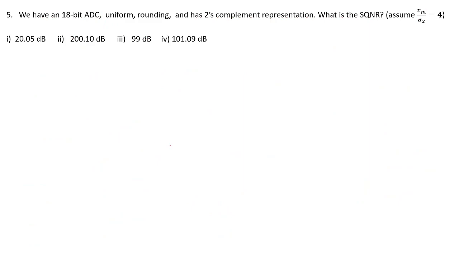With this, let us move to our fifth question. So we have an 18-bit ADC, it's an 18-bit quantizer, uniform rounding and 2's complement representation. We are asked to find the SQNR, assuming the ratio xm over sigma x being 4.